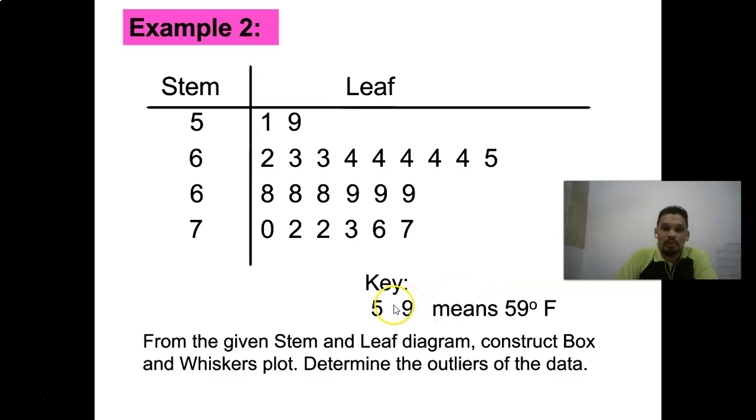So right now, it's already given to you in the form of a stem and leaf diagram. So we are going to use this data in the stem and leaf diagram, then construct a box and whiskers plot and determine the outliers of the data.